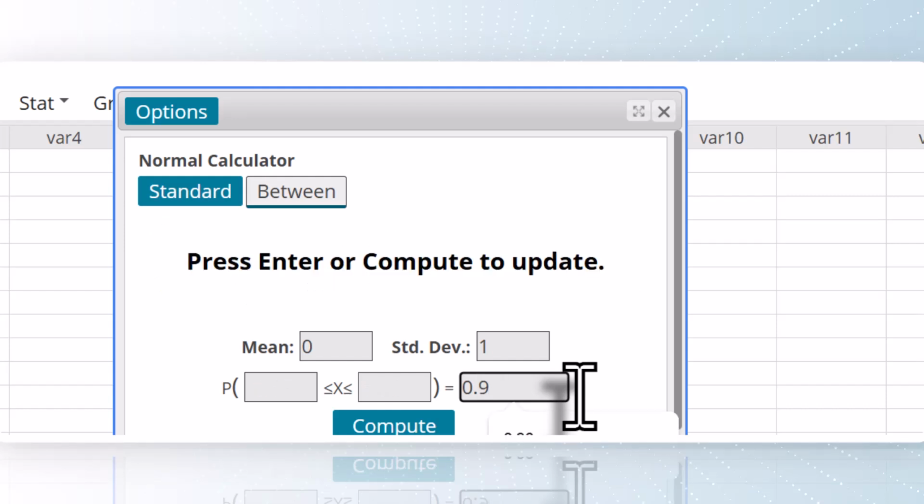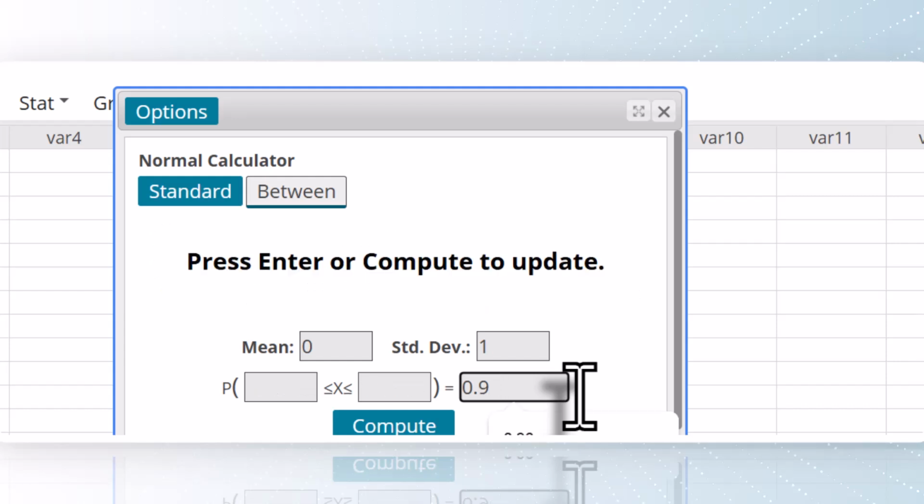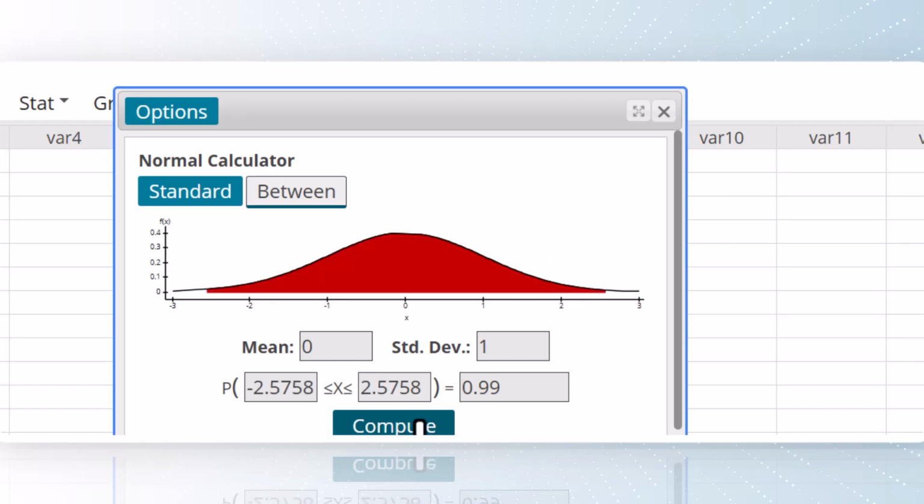For 90% confidence, guys, it's 1.645. For 99%, it's 2.576. I strongly recommend that you try to memorize those critical numbers for 90%, 95%, and 99% confidence levels, and they are needed in order to compute the minimum sample size required to estimate the proportion.